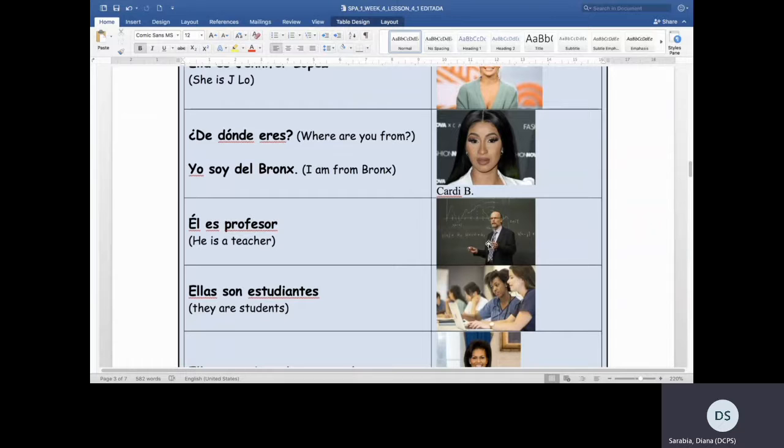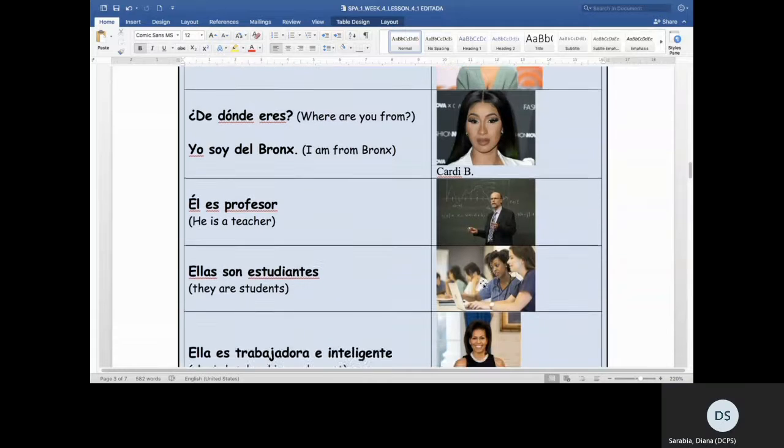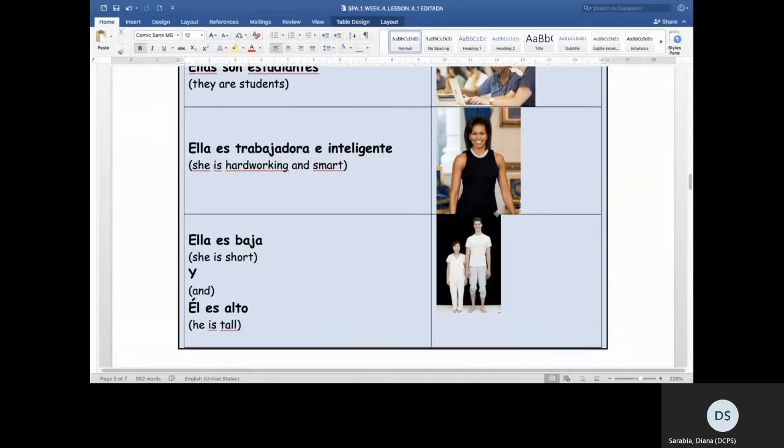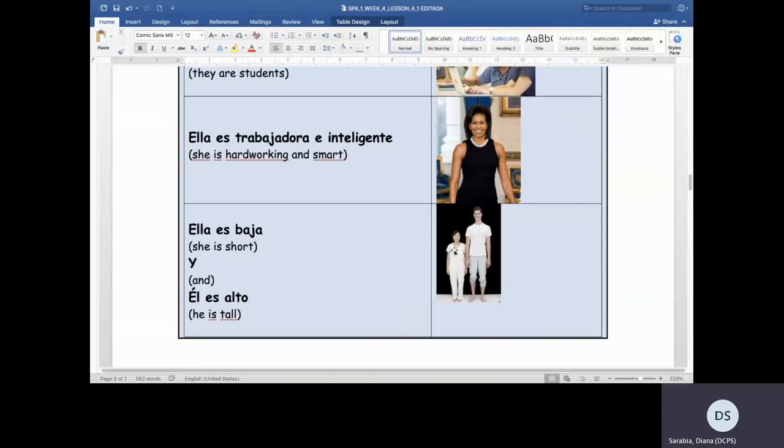Él es profesor. Ellas son estudiantes. Ella es trabajadora e inteligente. Ella es baja. Él es alto.